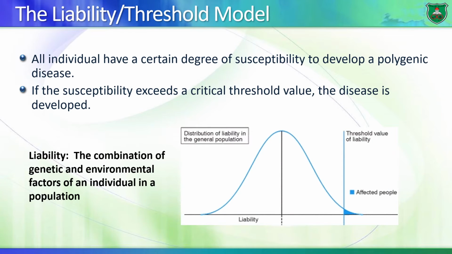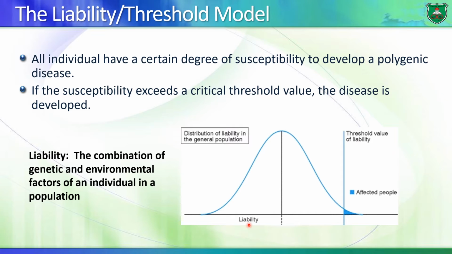Now, this can be explained by what is known as the liability threshold model. This model explains the degree of susceptibility of a person to develop a certain polygenic or multifactorial disease by looking at the liabilities, the factors that cause this condition to appear. Liability indicates all the factors associated with developing a disease.